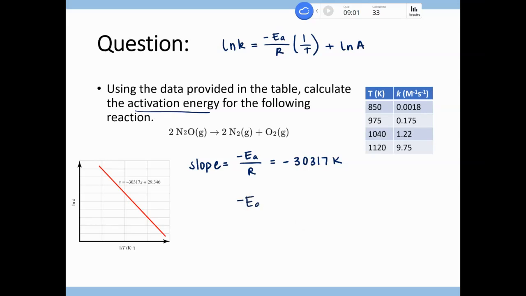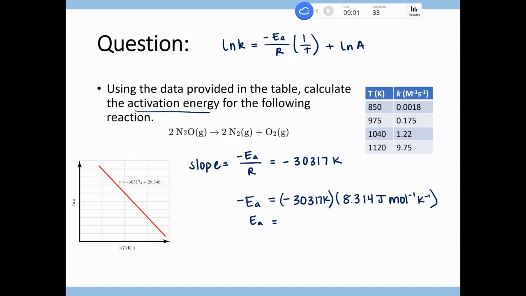So activation energy, now multiplying both sides by R. Both sides of the equation are negative, so we will remove the negative.